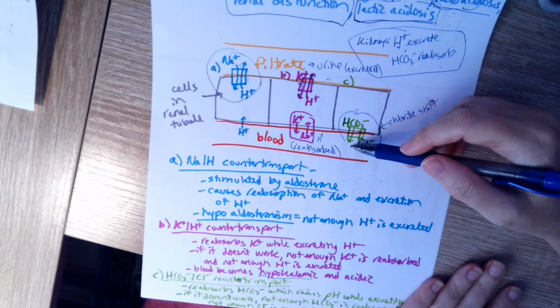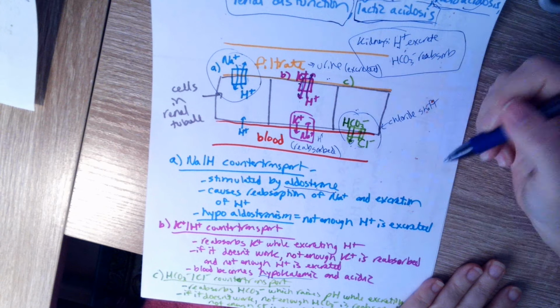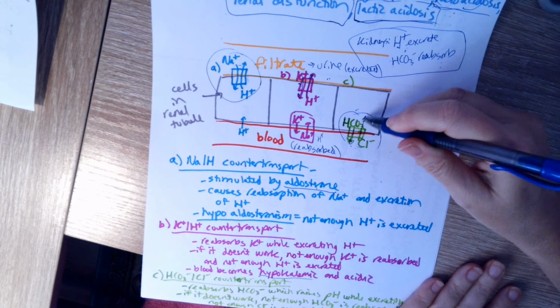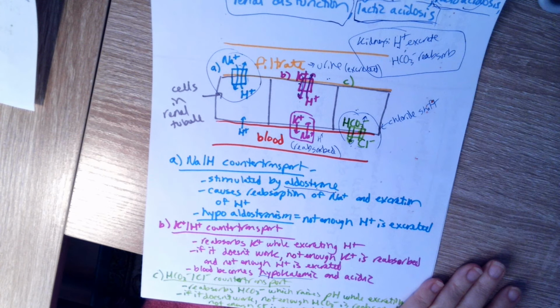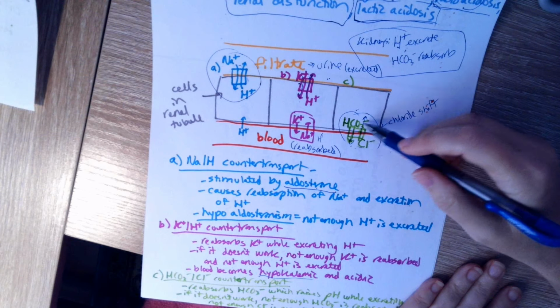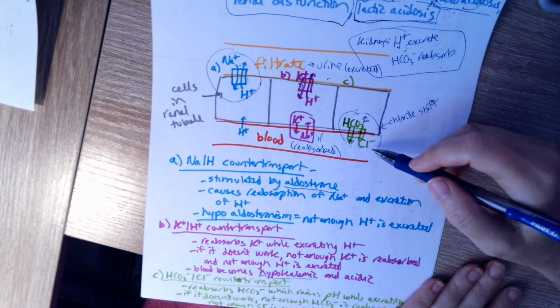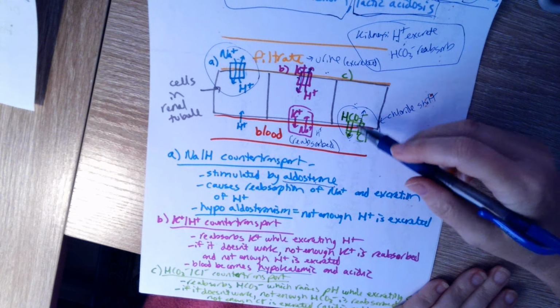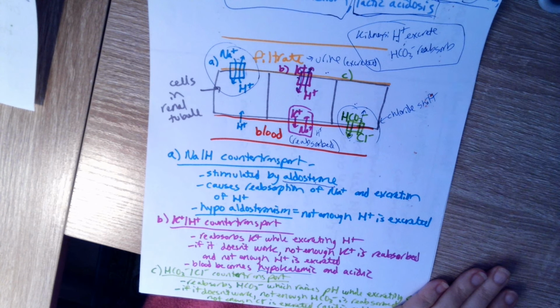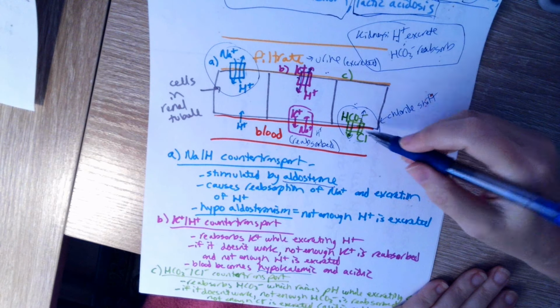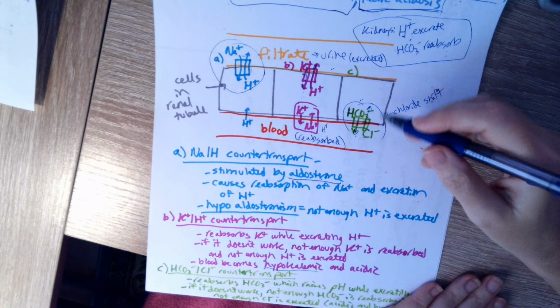So you're reabsorbing bicarbonate, putting bicarbonate into the blood, and you're putting chlorine into the cell. We're not really worried about chlorine levels because if this messes up, if you have too much or too little chlorine in your blood, it doesn't really have a lot of effect on you. So not really much of a problem.